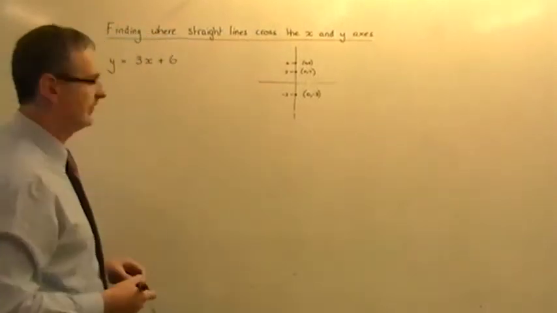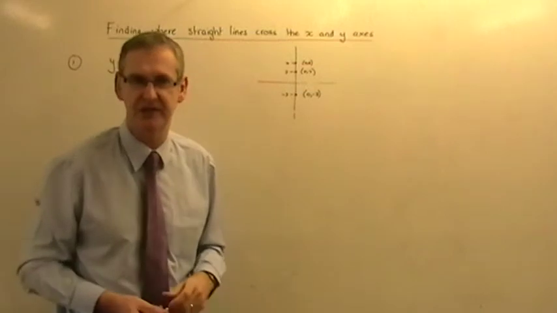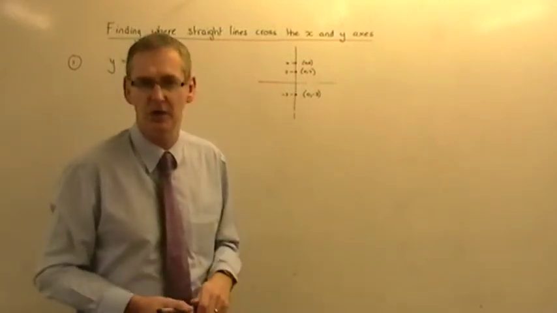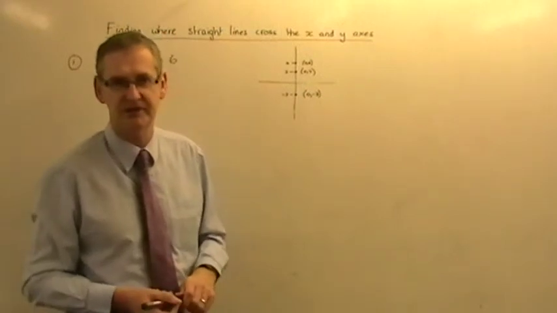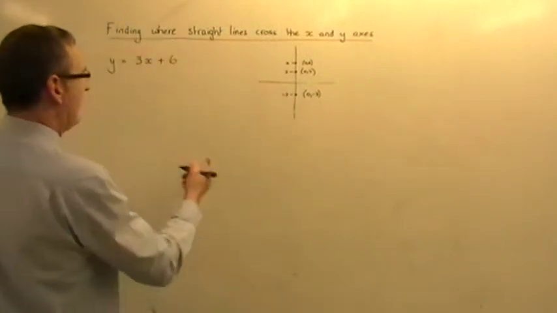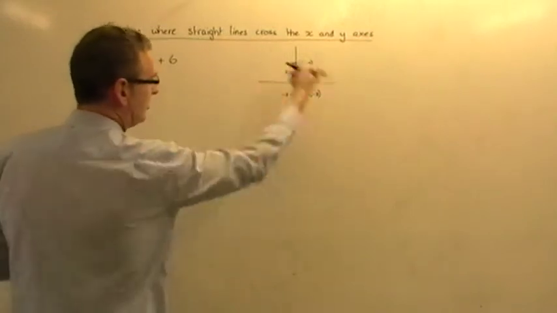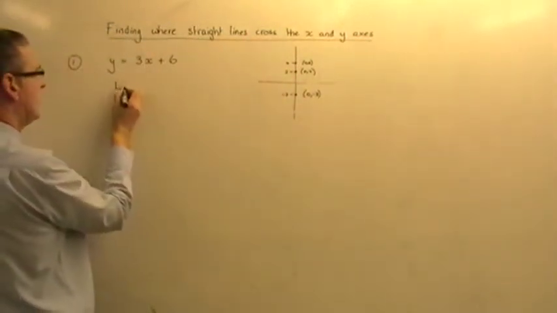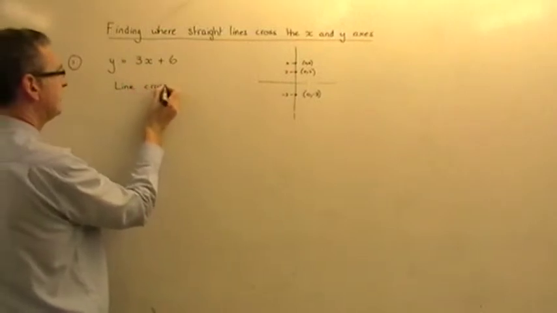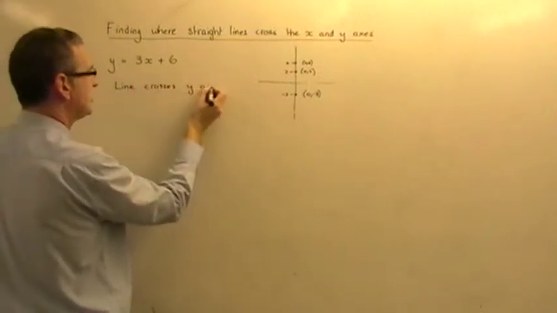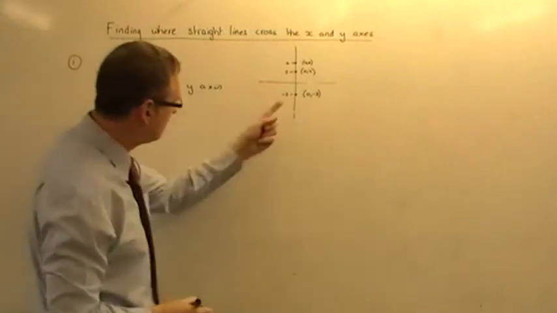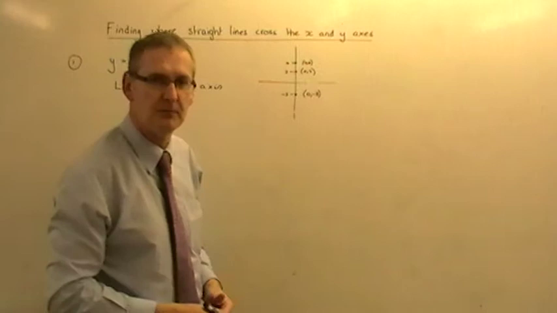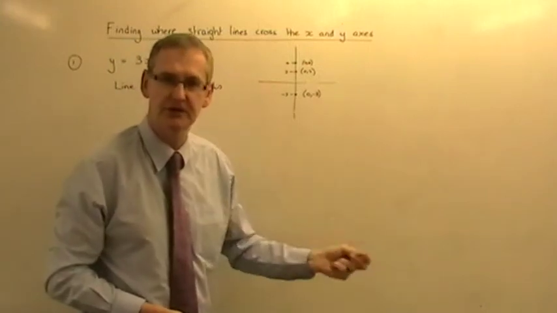So here's a straight line graph. It's a very easy one, y equals 3x plus 6. I'm going to employ this technique to help us work out where this line crosses the axes. The line crosses the y-axis, and wherever it crosses the y-axis, I've just shown you the x-coordinate must be 0, 0, something.